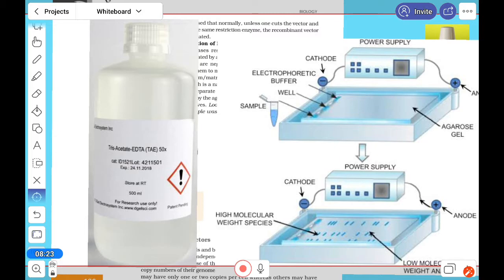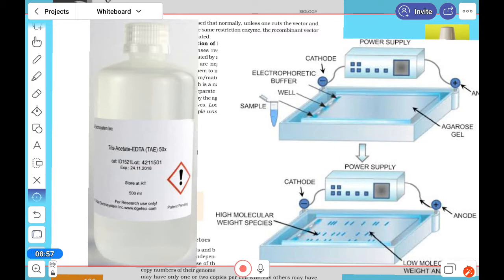First we have to make the gel powder into the gel over here, and here is the well, where it will drop the DNA. The sample will be dropped here, and after that we use the buffer, the tris acetate EDTA, TAE, widely used. We have to put it over there. All right.